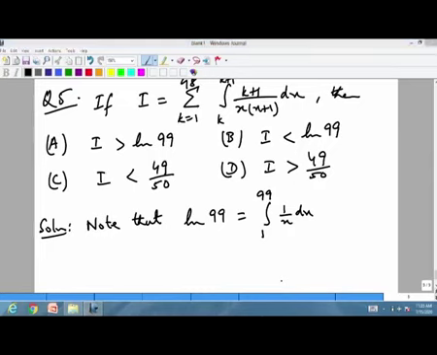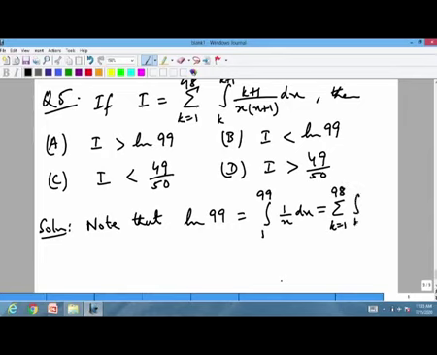So, we get this, and this can be written as summation of k equal to 1 to 98 of integral k to k plus 1 of 1 by x dx, because for k equal to 1 you will get integral from 1 to 2, and for k equal to 2 it is integral from 2 to 3 and so on up to integral from 98 to 99.